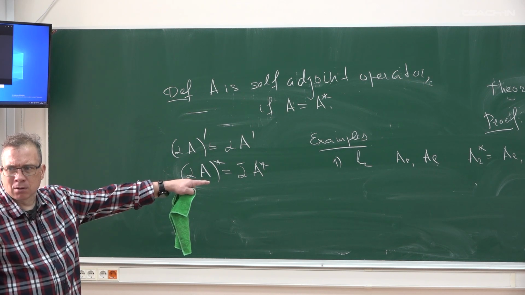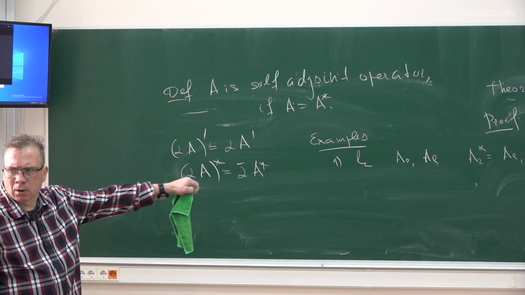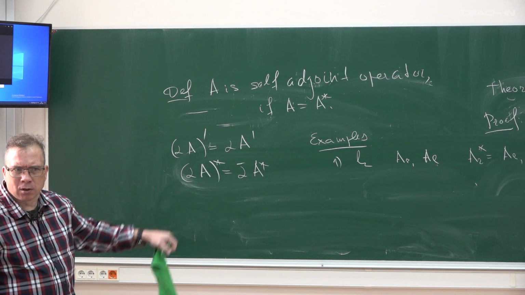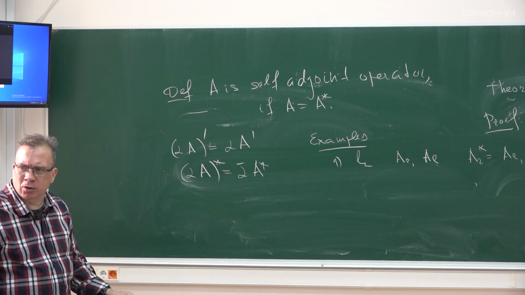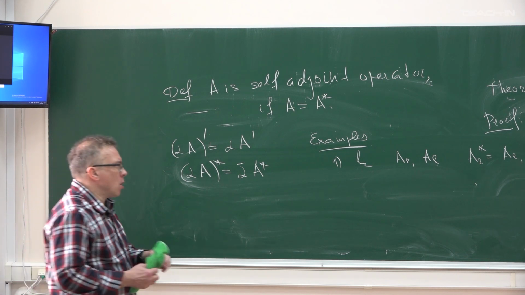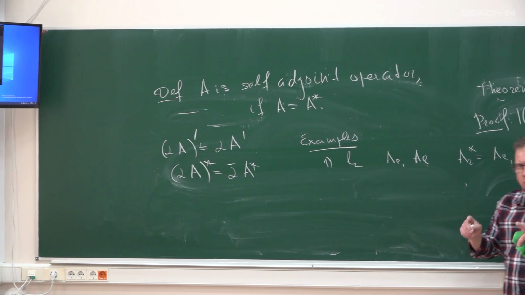Is it clear, or are some calculations needed? No, it is not unitary. The shift to the left and the shift to the right are not unitary in one-sided L2. For example, the shift to the right preserves the norm.